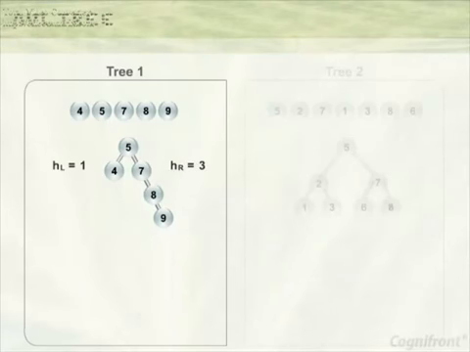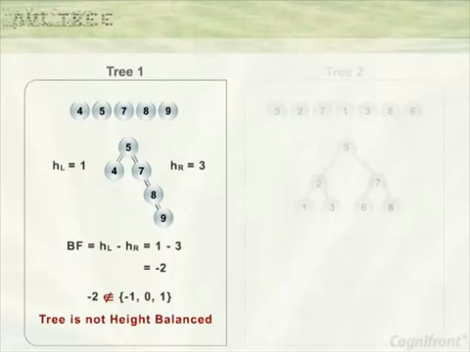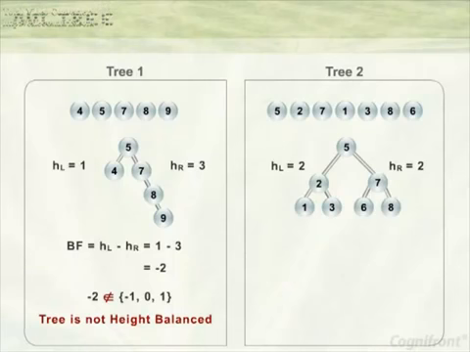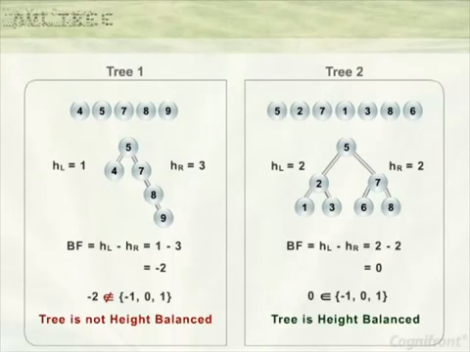We can calculate BF as HL minus HR, that is 1 minus 3 is equal to -2. Since it is not -1, 0 or 1, tree 1 is not height balanced. For tree 2, the BF is 2 minus 2, which is equal to 0. So, tree 2 is a height balanced tree.